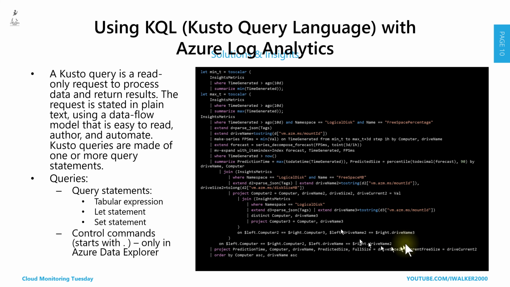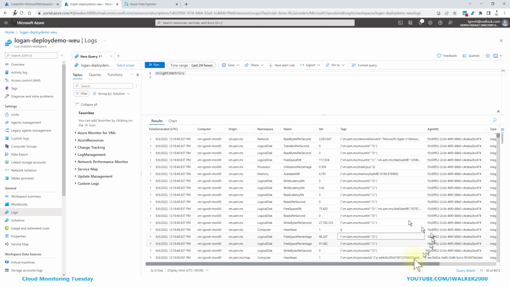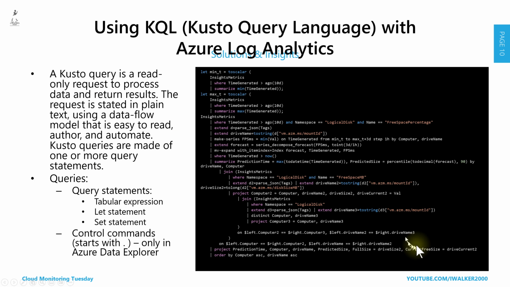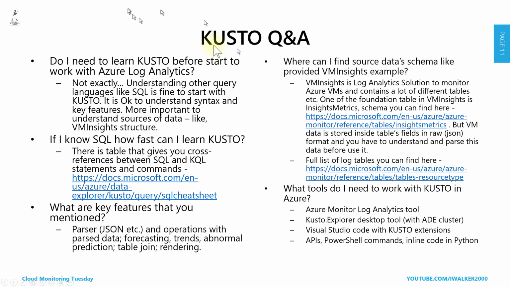This is how it works, because every time you see, we have free space and full size, like disk megabytes here, and we take this disk megabytes from here. And yeah, this is the query. Just a second, I will answer. It's exactly the answer to your question.